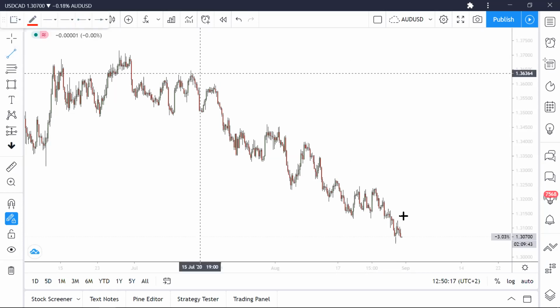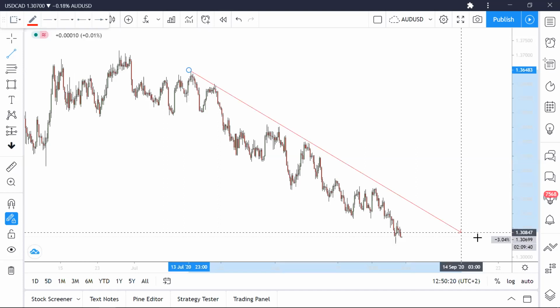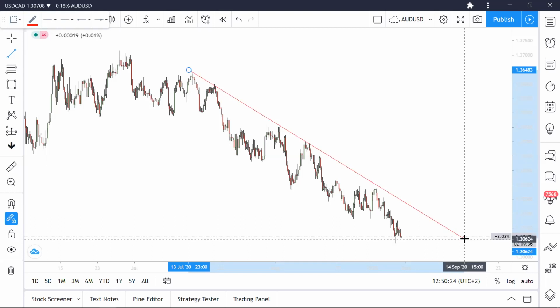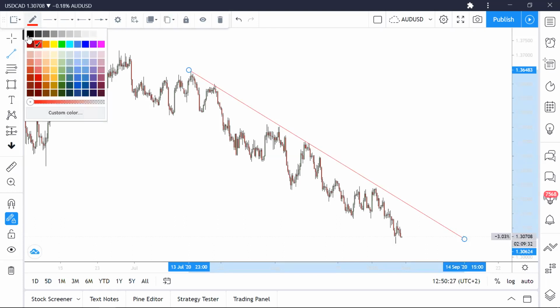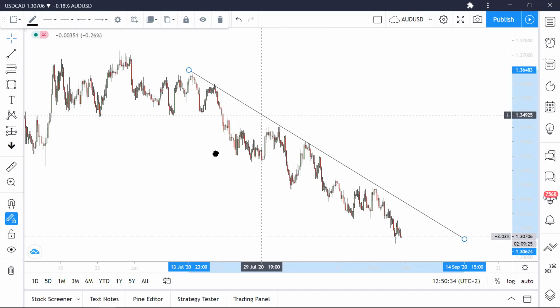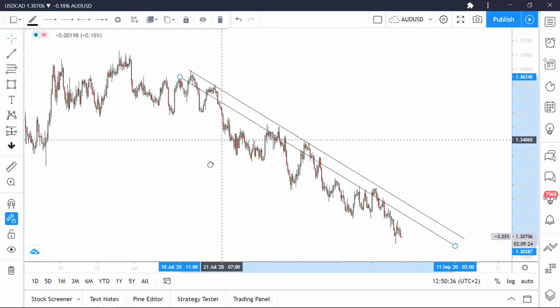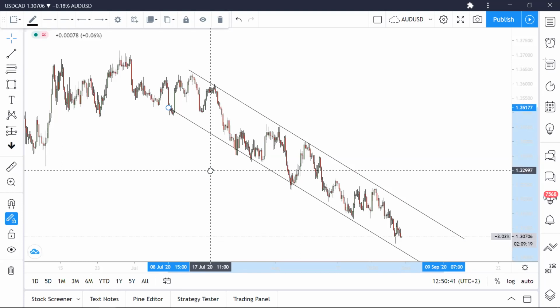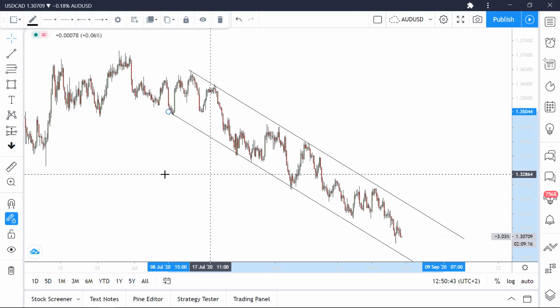What we can see here is that price has been moving in this rather parallel channel, if I might put it that way. I'm just changing the color of this line here. Right, so price has been trading within this channel on the 4-hourly time frame.